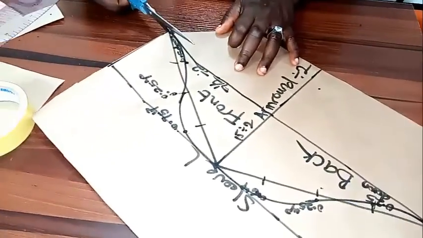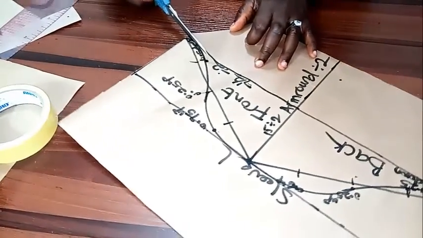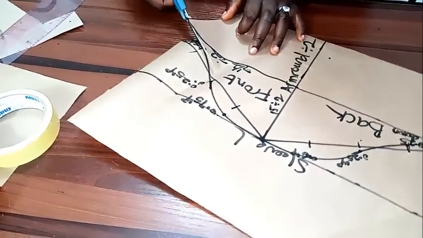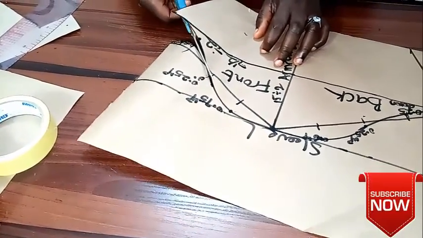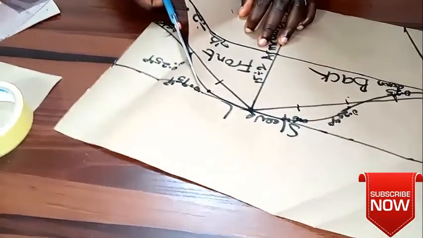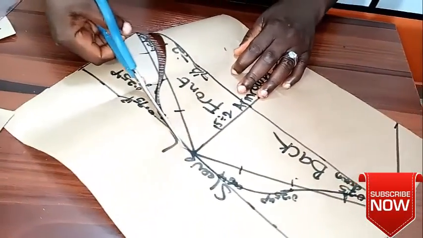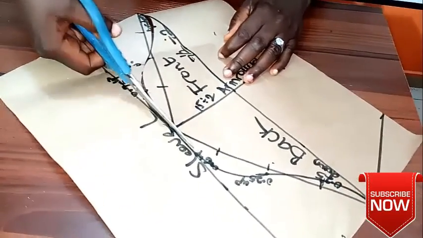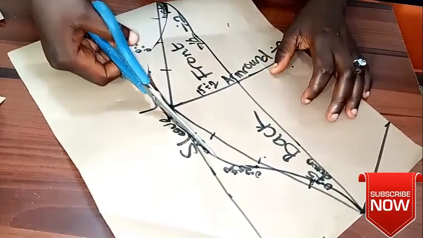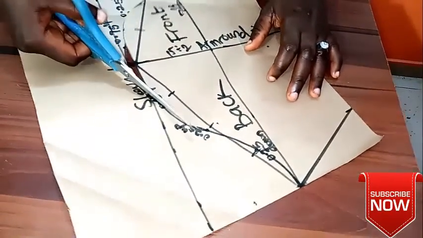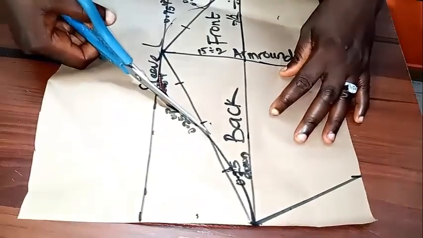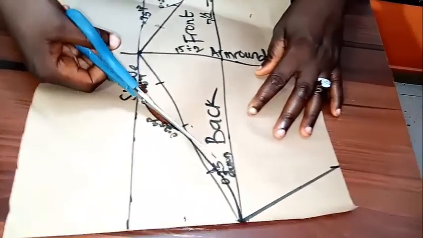So the next thing like this. You know you're using pencil, so don't mind what I'm doing. Yours is to use pencil. When you use pencil, you'll be able to see the parts you're going to follow.